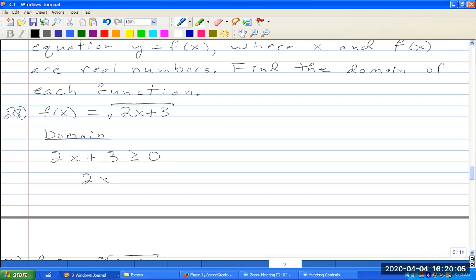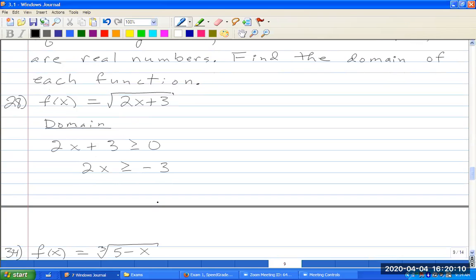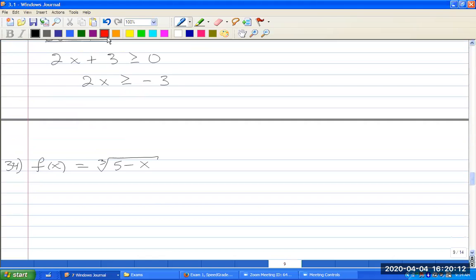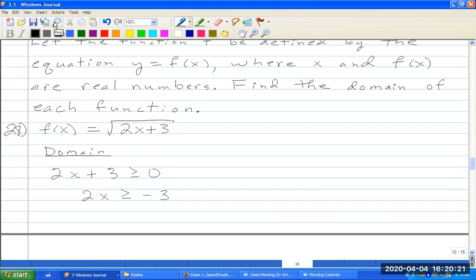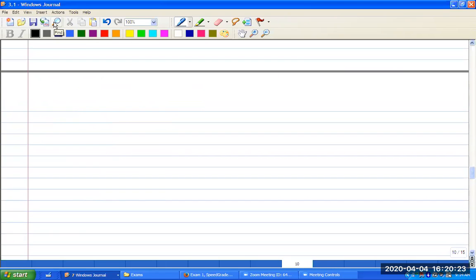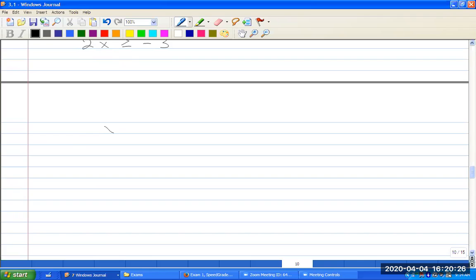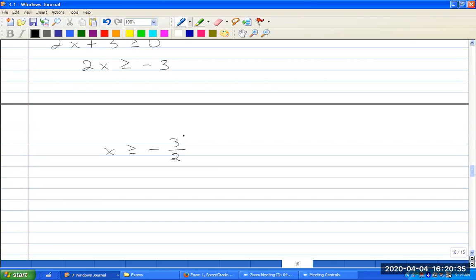Subtract 3 from both sides of my equation. Divide by 2. And so I have here that x is greater than or equal to negative 3/2, dividing both sides of my equation by 2.